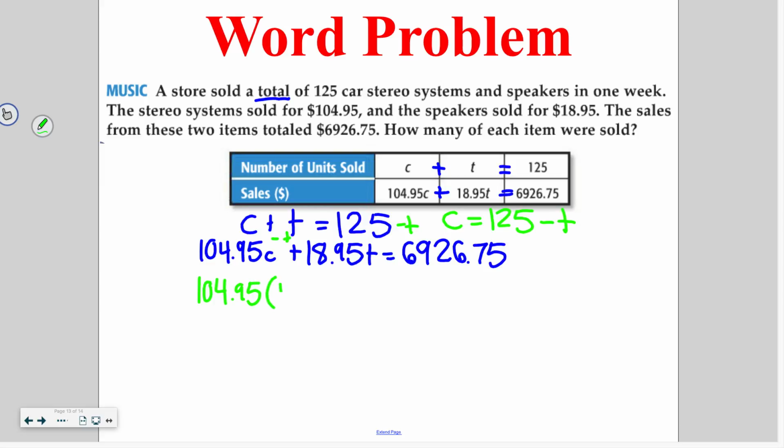104.95 times 125 minus t, and adding on the rest of the equation.